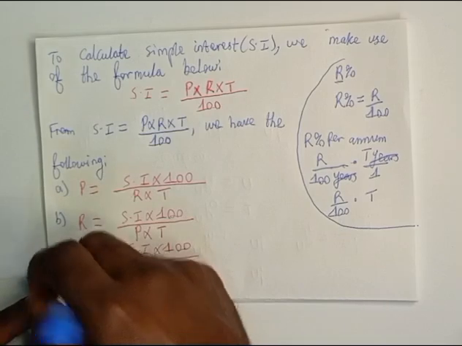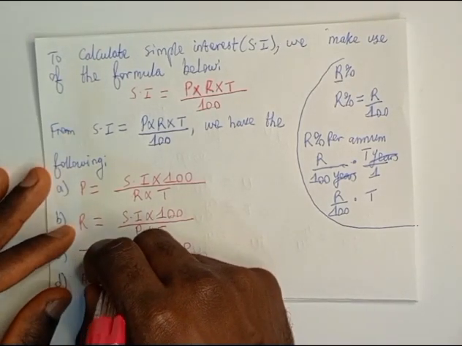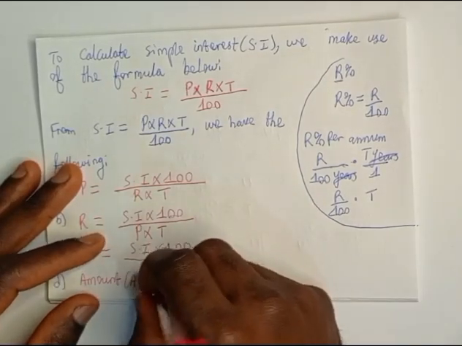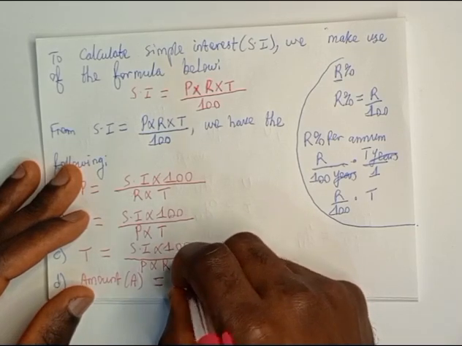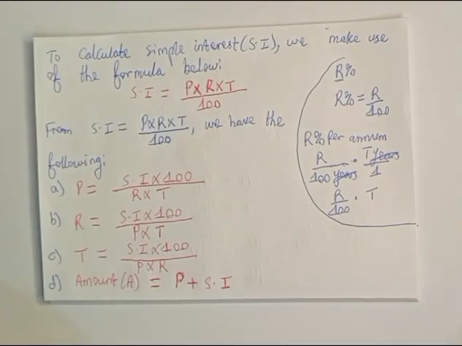We go to D, the amount, which is denoted by A, total amount the person makes at the end will simply be equal to the principal plus the simple interest. The amount the lender makes is simply equal to the principal, the amount he gave out on loans, plus the interest the amount generates after the given duration.